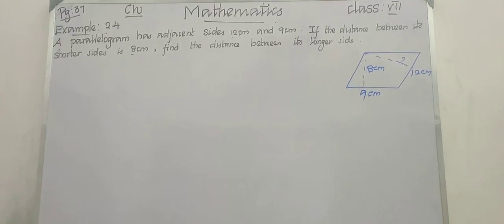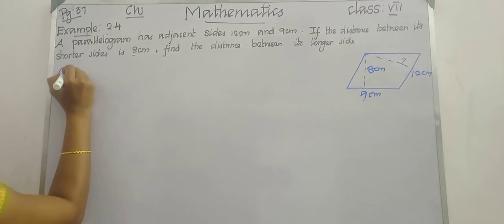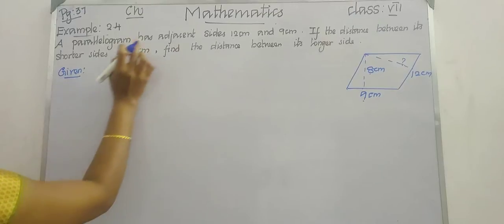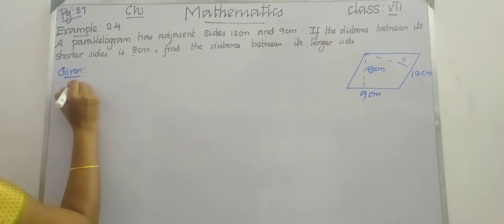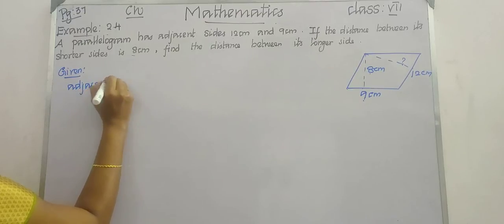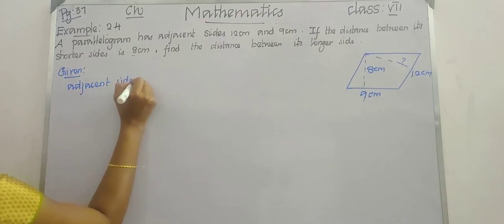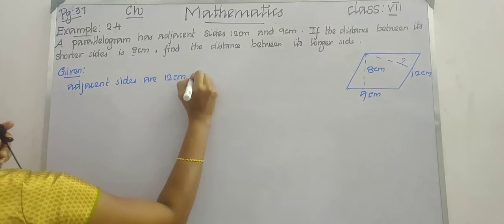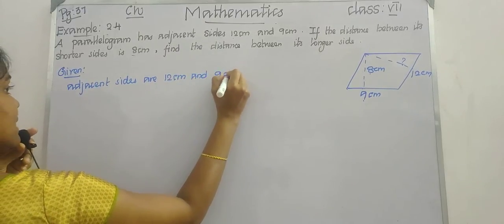First of all, let us write the given. Adjacent sides are 12 centimeter and 9 centimeter.